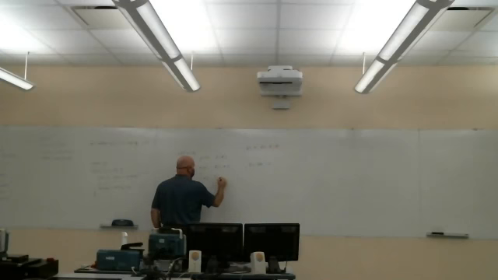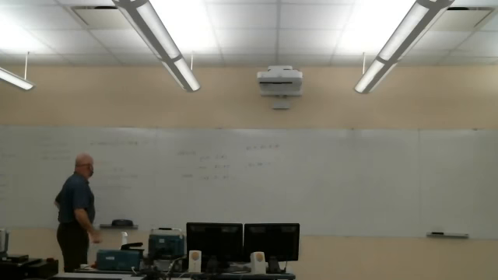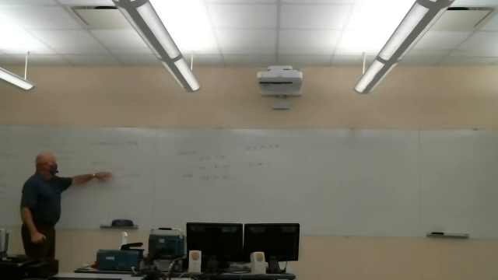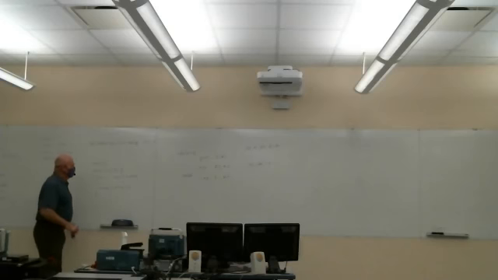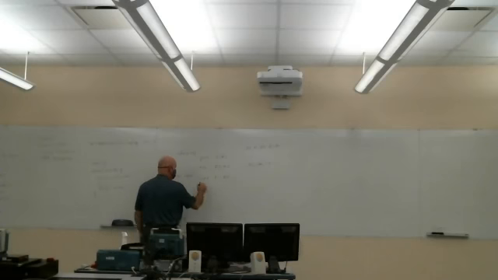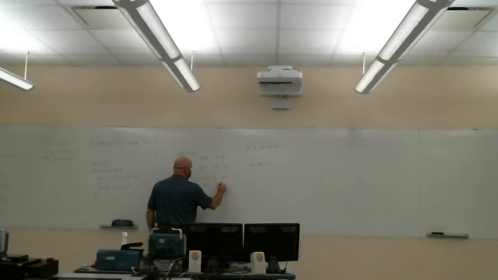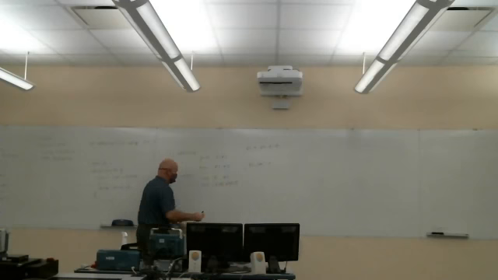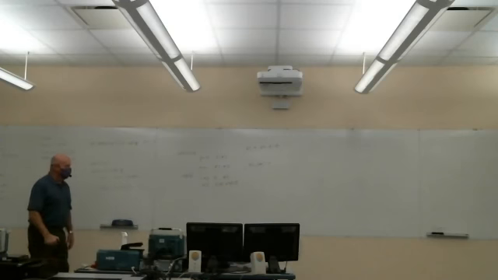So compare R1 to 0. That's this part. And if it's equal to 0, I want to jump out of my while. You don't have these high-level constructs like you do in C, so if they're equal, this would be the continuation after my while loop.